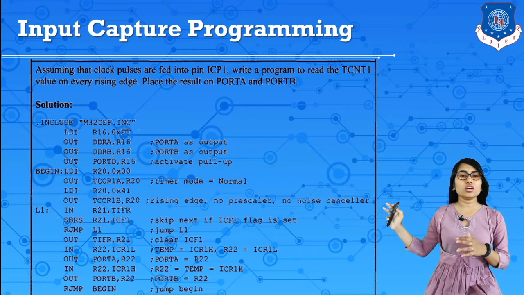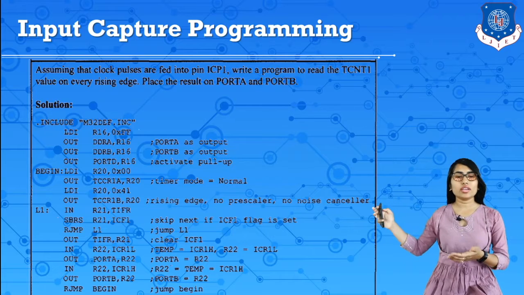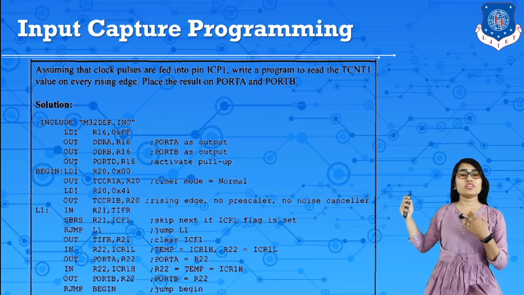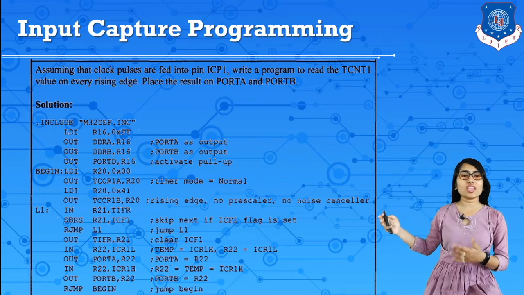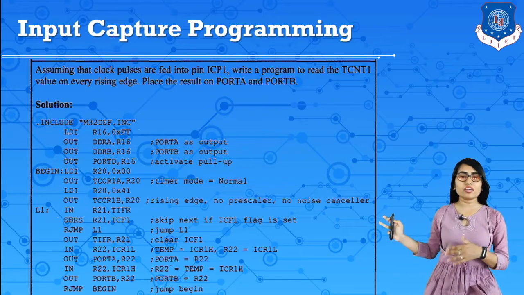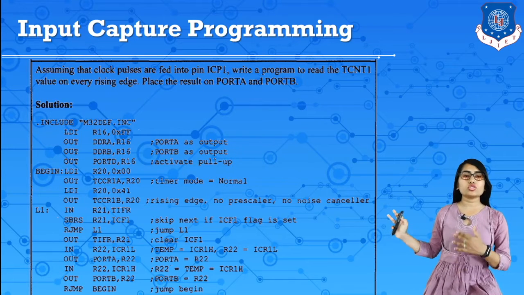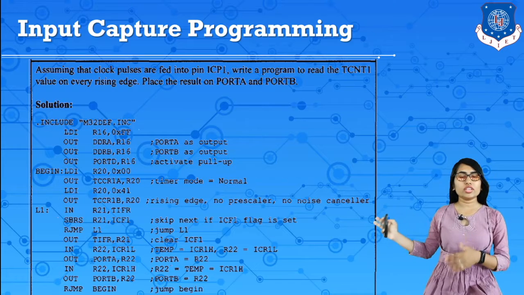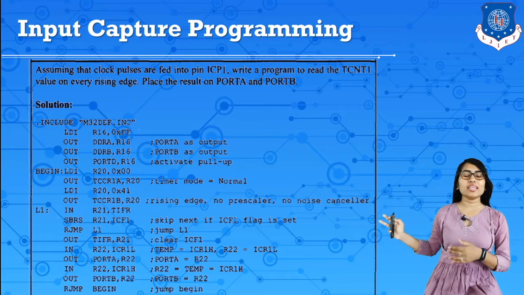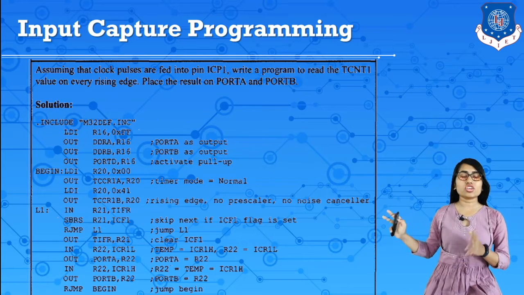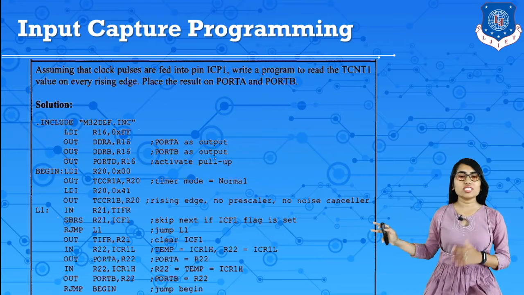So this is for setting TCCR1A and TCCR1B. After setting TCCR1A and TCCR1B, read the value of TIFR, so the content of TIFR is copied into R20, and check the R20 register, in which we check the ICF1 flag, whether the ICF1 flag is set or not.